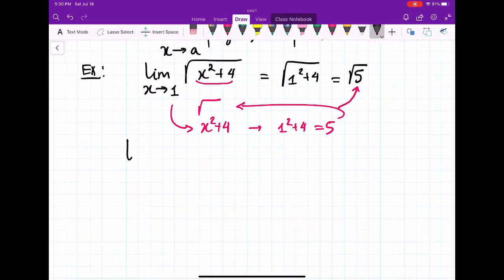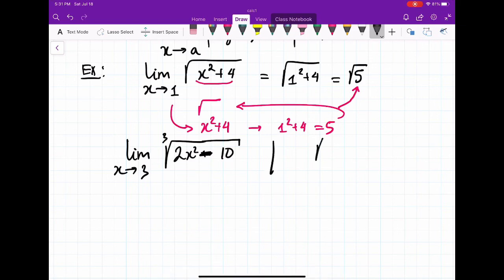Another example: consider the limit of cube root of 2x squared minus 10 when x approaches 3. What happens if we plug 3 into the function? I get cube root of 2 times 3 squared minus 10. 3 squared is 9, times 2 is 18, and 18 minus 10 is 8.